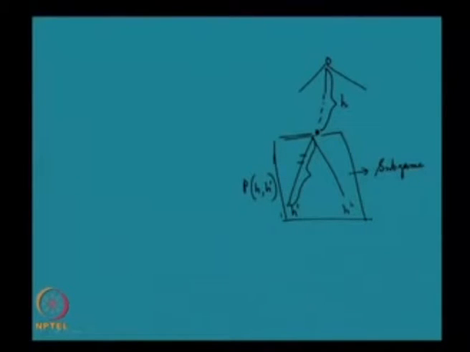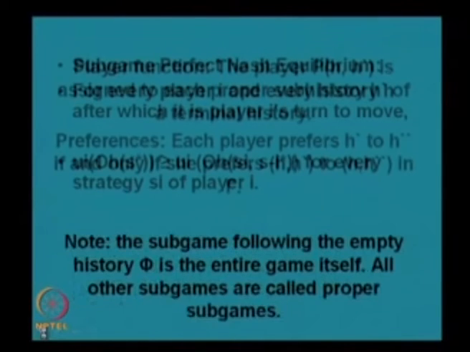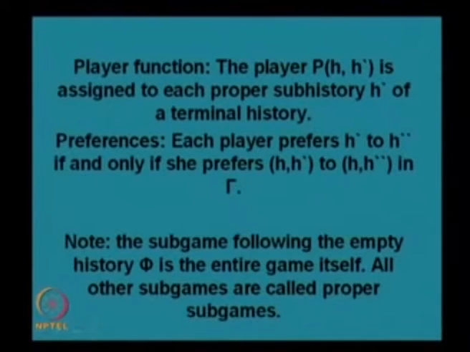So, this is how the idea of subgame is defined. Some notes. First, the subgame following the empty history phi is the entire game itself. This is again very easy to see, and all other subgames are called proper subgames.